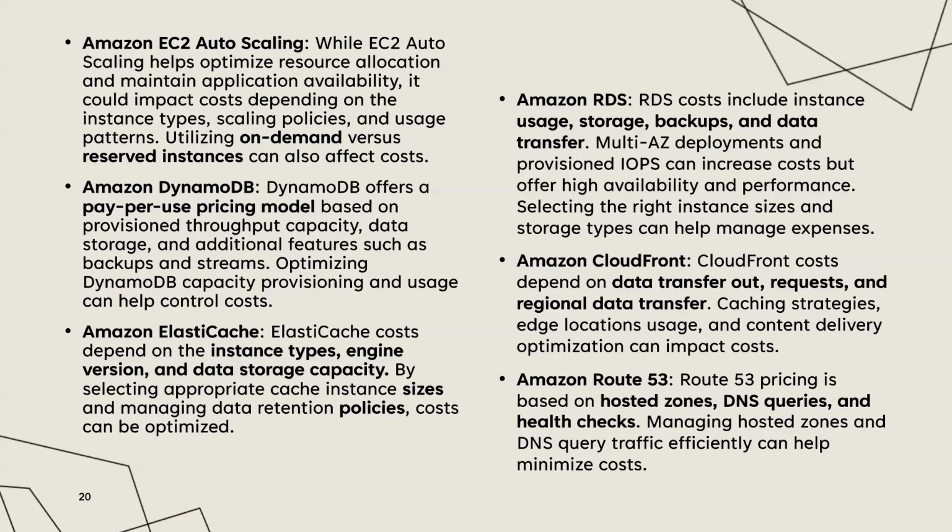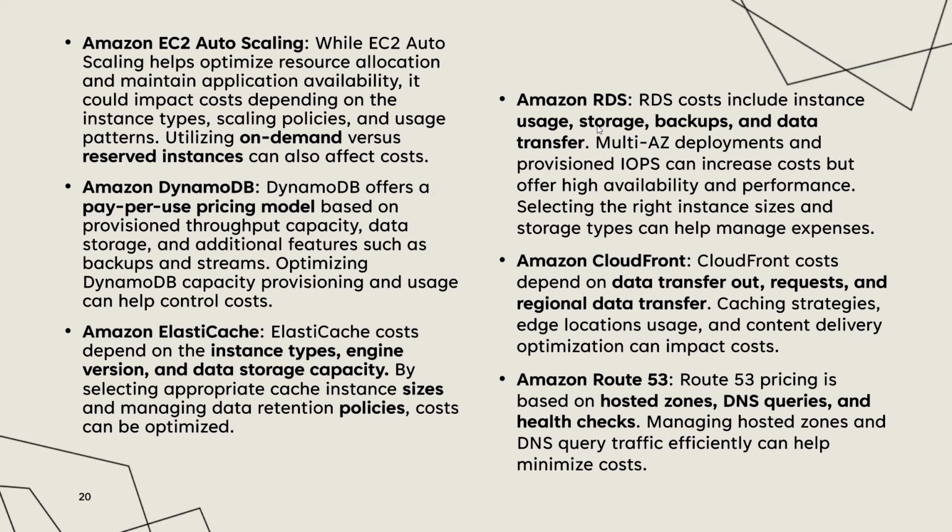Now, cost considerations. In EC2, on-demand instances are expensive as compared to reserved instances, but traffic won't be for long. So we can use on-demand based on the traffic, and we can save cost accordingly. In DynamoDB, a pay-as-per-use pricing model is used. In ElastiCache, the costs are dependent on the sizes and the policies.